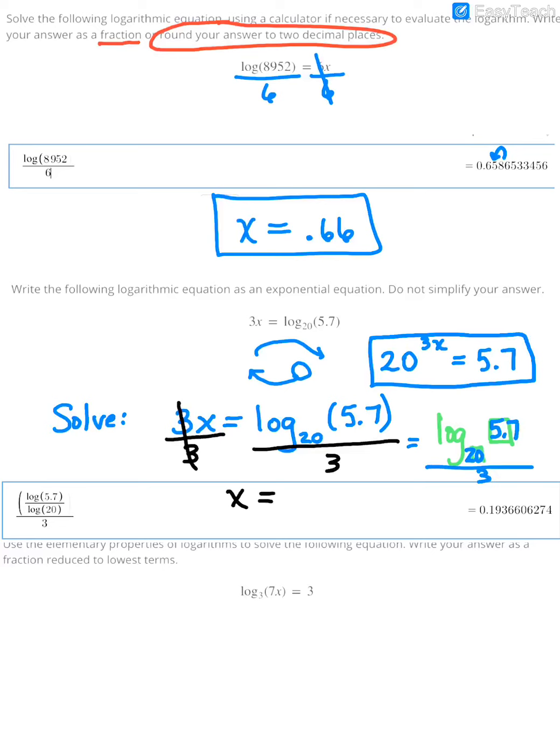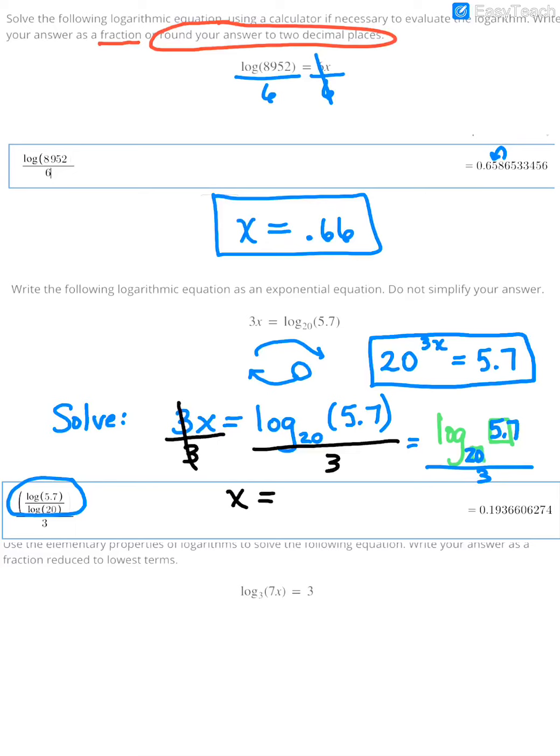But if your calculator does not have that button, then you've got to input it like this with something called the change of base formula. Using a regular base 10 log, you would take the log of the 5.7 divided by the log of 20, since the 20 is your base, and then that whole thing divided by the 3.